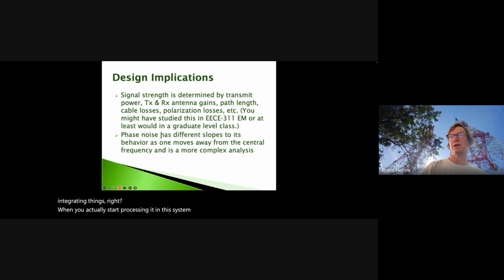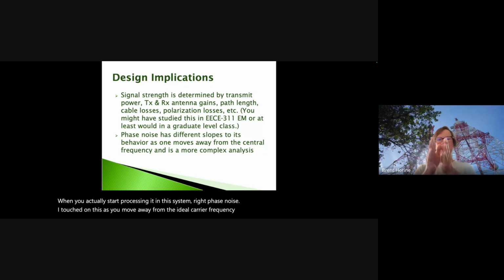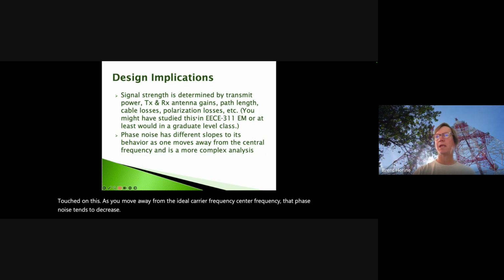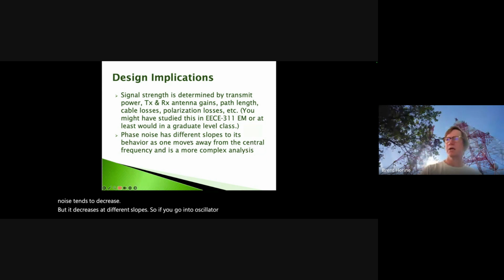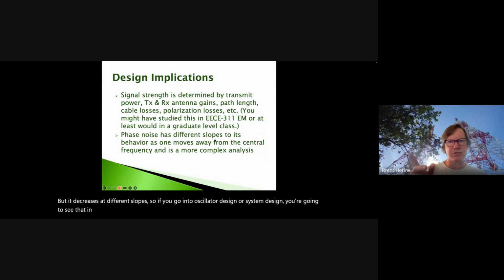Phase noise, you know, touched on this. As you move away from the ideal carrier frequency, center frequency, that phase noise tends to decrease. But it decreases at different slopes. So if you go into oscillator design or system design, you're going to see that in some regions it's rolling off at 1/f.